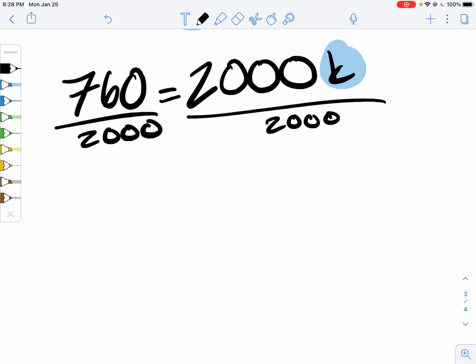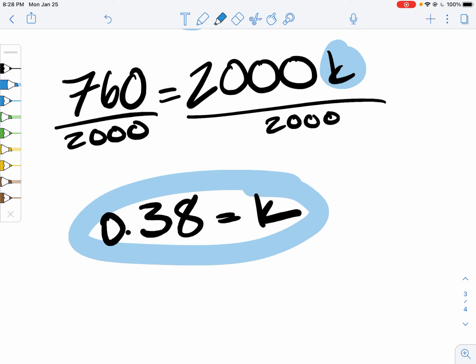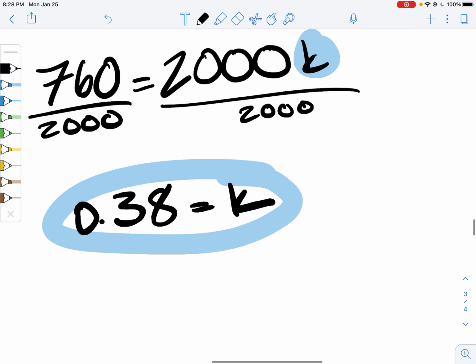And 760 divided by 2,000 comes out to 0.38, and the 2,000s cancel out. So our constant of variation here is 0.38. If you like fractions, that's equal to 9 over 50. We will be working in decimals today.